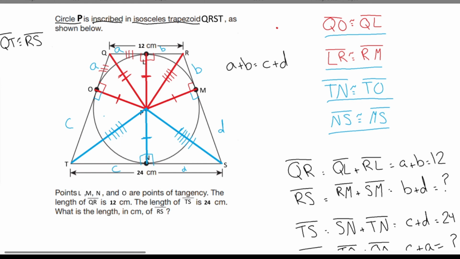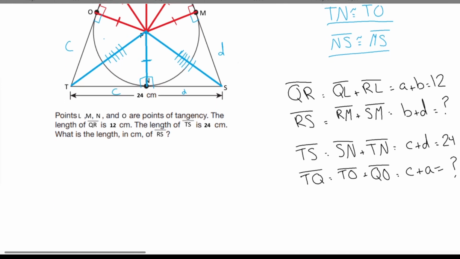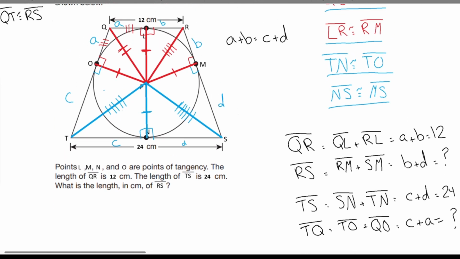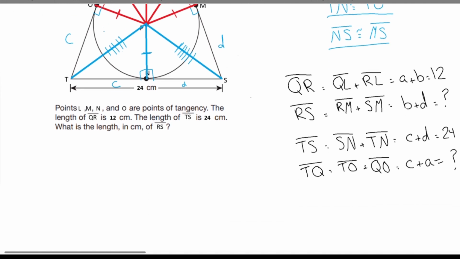So since we have that, what we can do now is add this base plus this base and this leg and this leg.